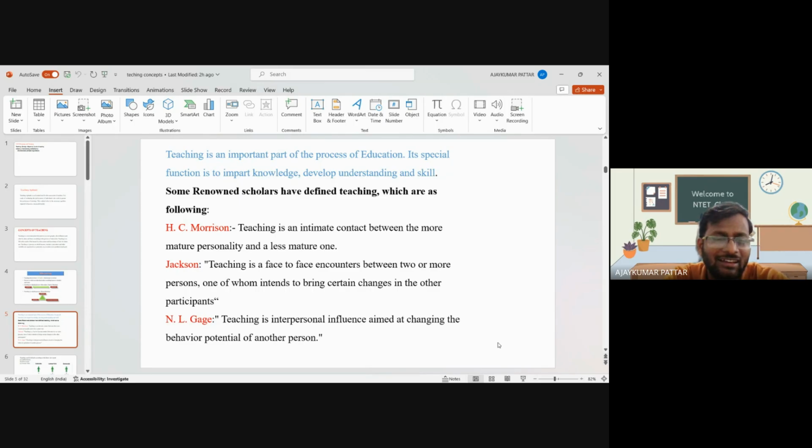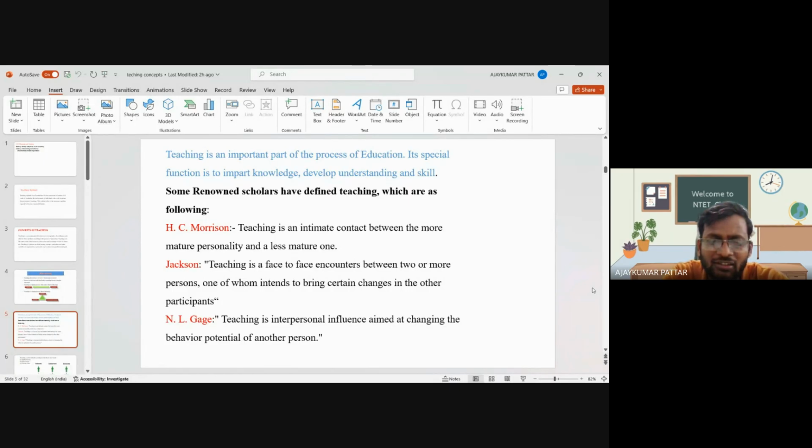Then next, N. L. Gage, according to him, teaching is an interpersonal influence aimed at changing the behavior potential of another person. These definitions are also conveying the same meaning. Teaching is an interpersonal influence. Interpersonal means between two persons.